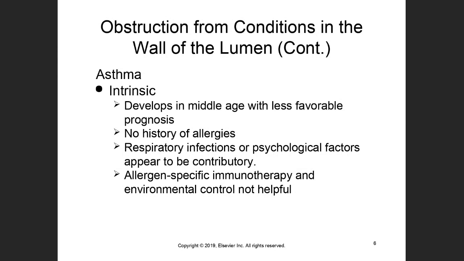The intrinsic type develops in middle age, or when you are in your 20s. There is no history of allergies, and respiratory infection or psychological factors appear to be contributory. Allergen-specific immunotherapy and environmental control are not helpful.